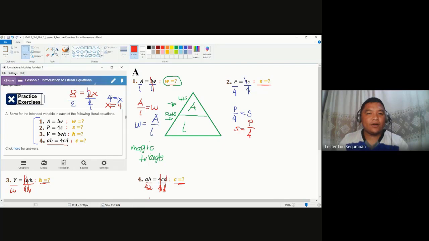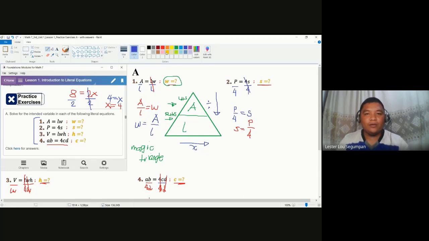Here's the concept for the magic triangle. As you go from top to bottom, you will use the operation of division. As you go from left to right, you will use the operation multiplication. So since the variables left after covering W are A and L, from top to bottom, we'll use division.